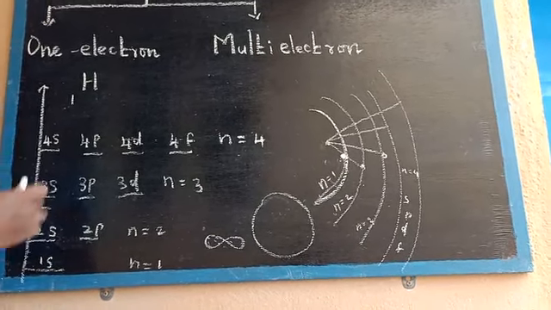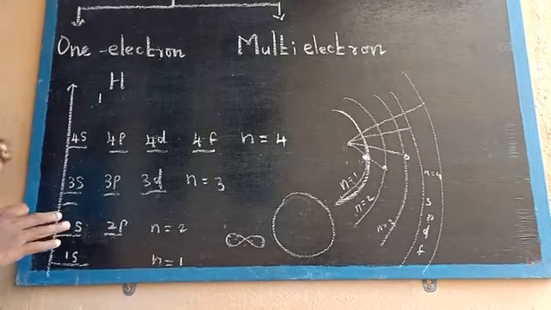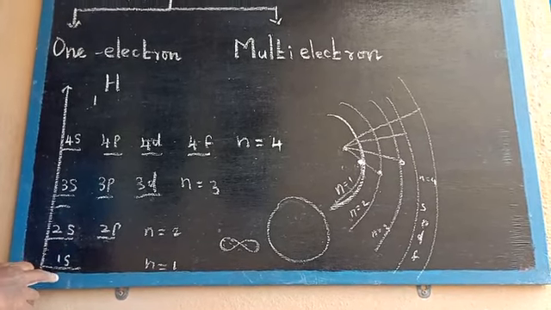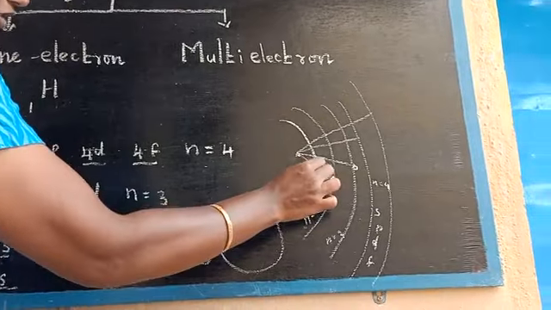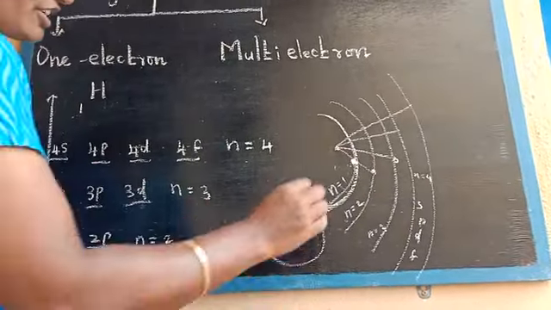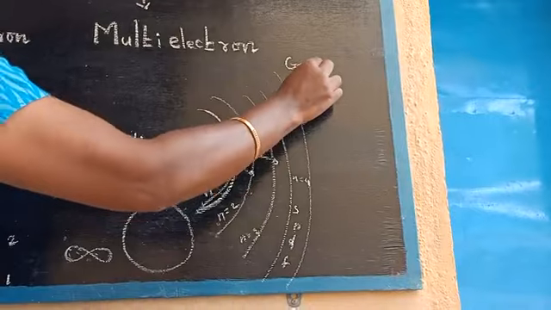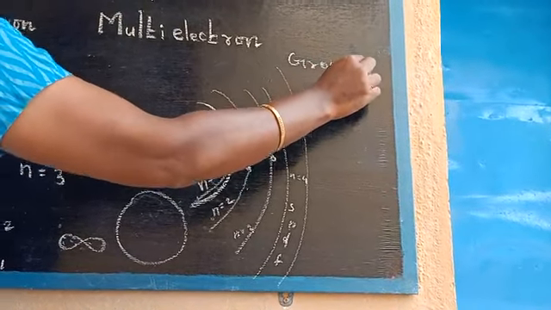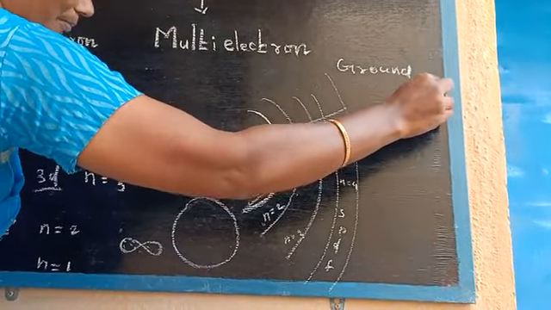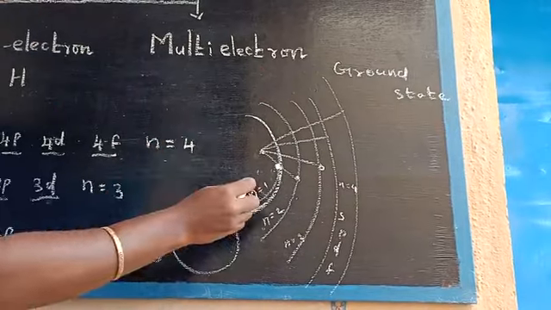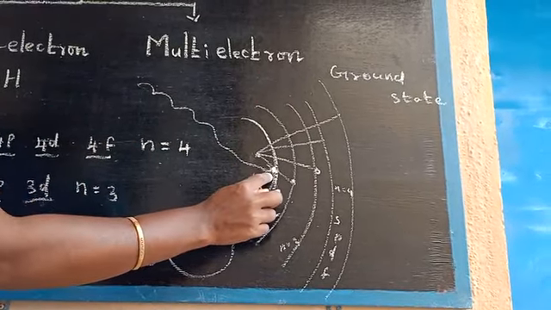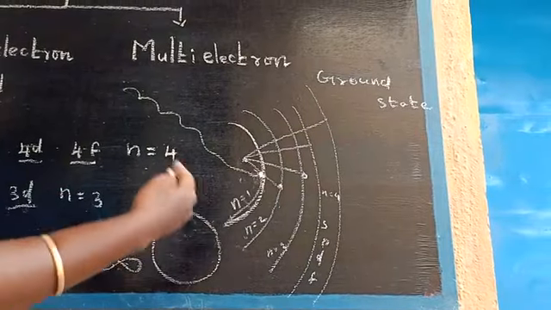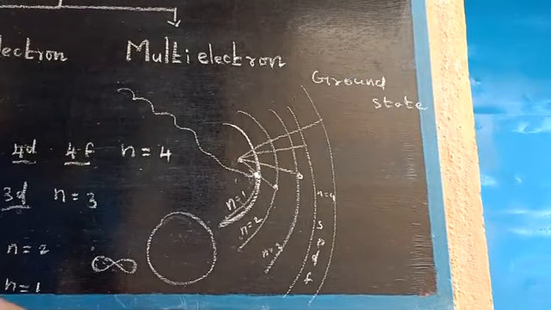Are you clear, children? Especially for a one electron system. Now here the electron is present in n is equal to 1. It is denoted as the ground state. Now if any electromagnetic radiation is applied on the electron, it moves to the next energy level.